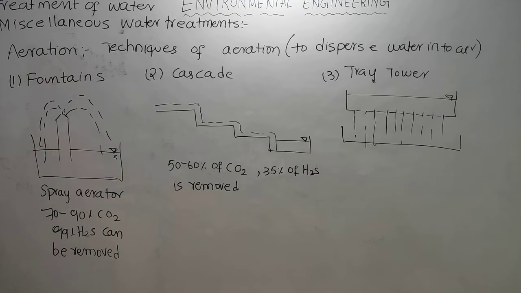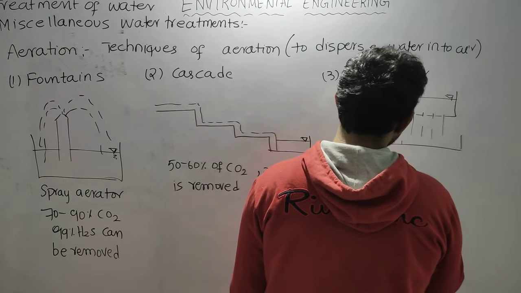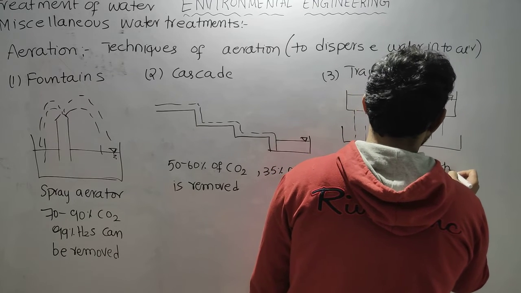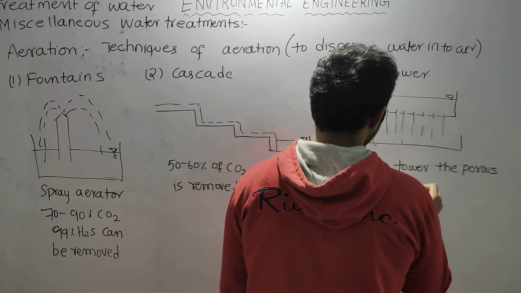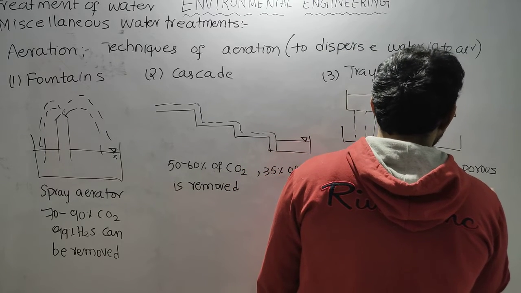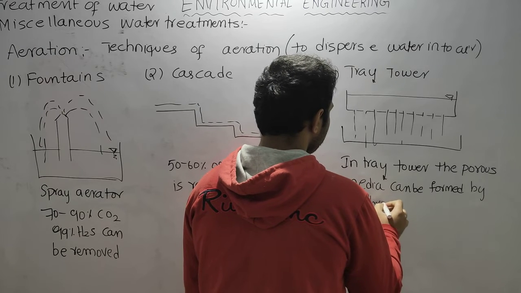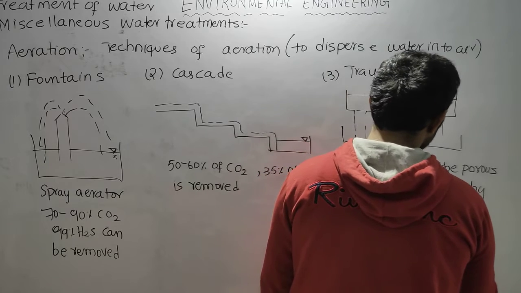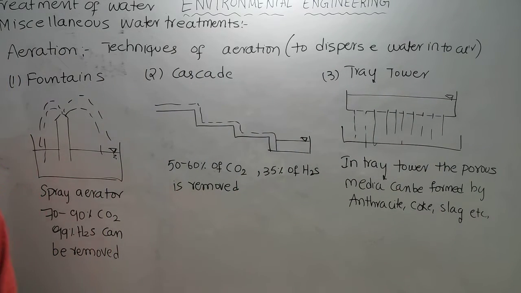We can achieve that using a gravel bed or anthracite or coke, slag, etc. Any material can be used, so that it is fine enough to allow the water through in the form of a jet.